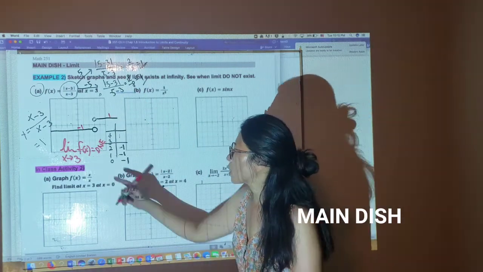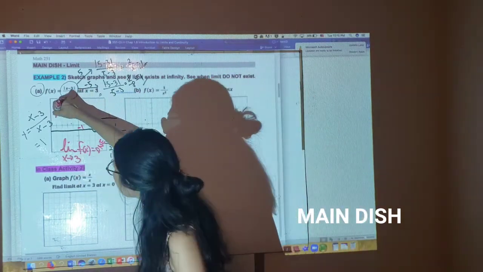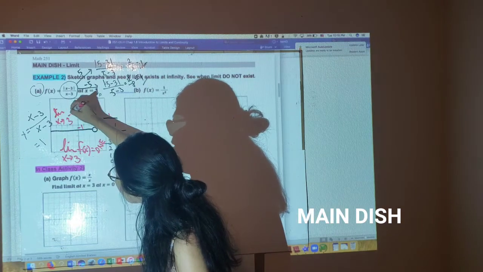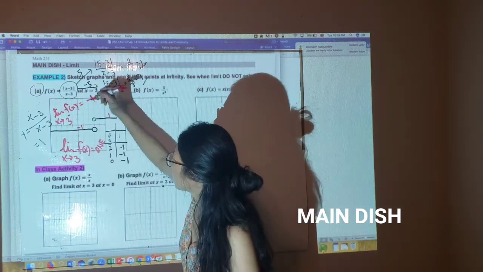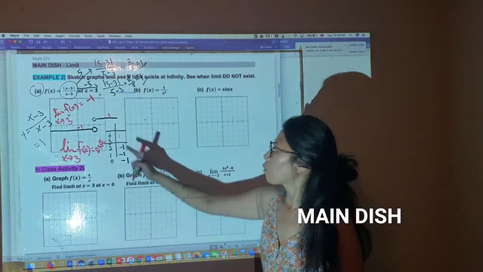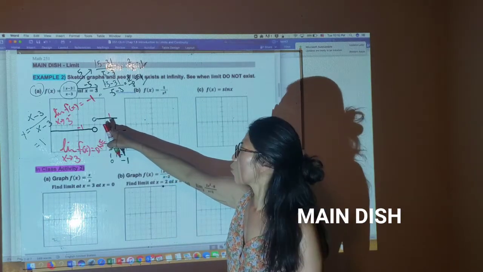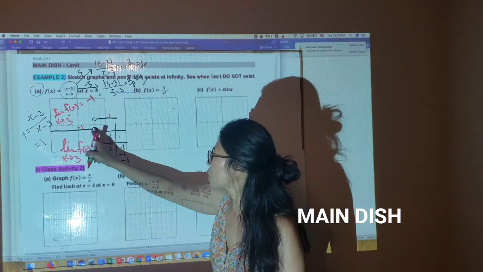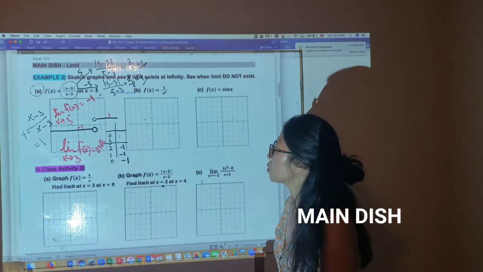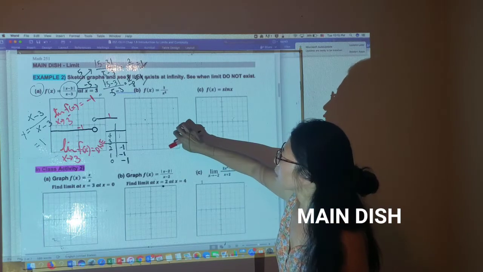The limit does not exist at 3. But does the limit exist from the negative side? Yes, in this case I do have a limit, negative 1. From the right side, yes, the limit exists, and it is 1. But at 3, does the limit exist? No, because these two are not the same. Also, it is not continuous.